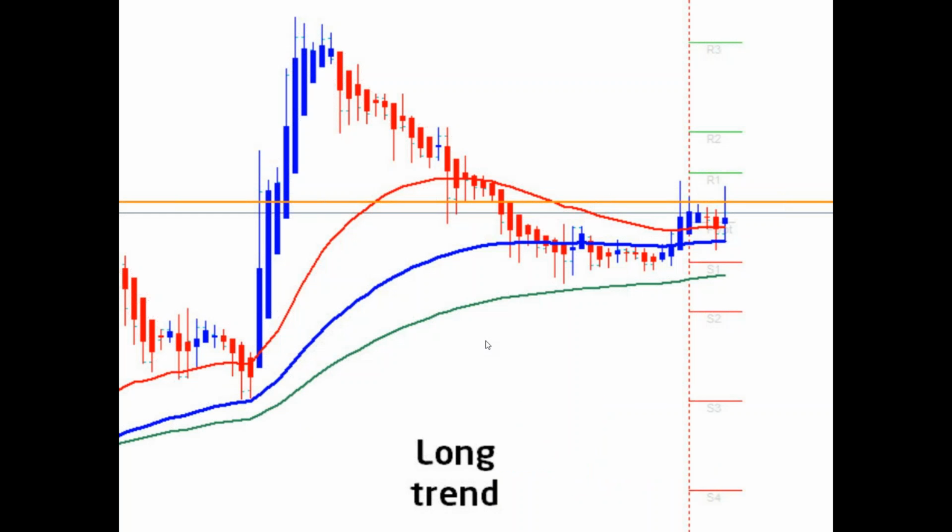This is a long trend, clearly defined by diverging moving averages, Heiken Ashi color-coded candles, and general price action.